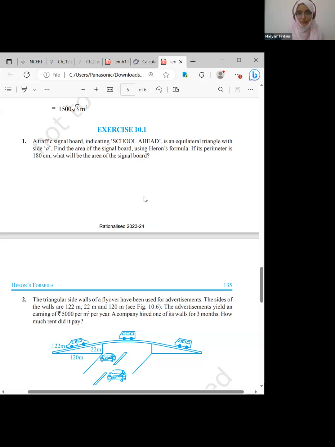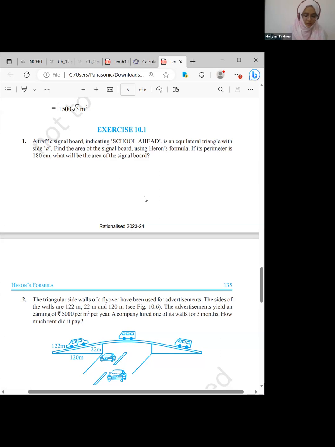Next, what do we have to do? We have to find the area of the signal board. What is the semi-perimeter going to be? It's going to be P by 2. What's P by 2? 180 by 2. And that is? What's 180 by 2? 90. Okay, 180 by 2 is 90.